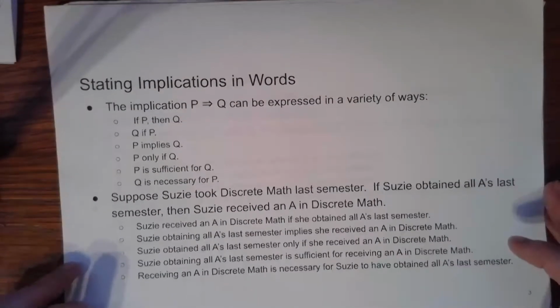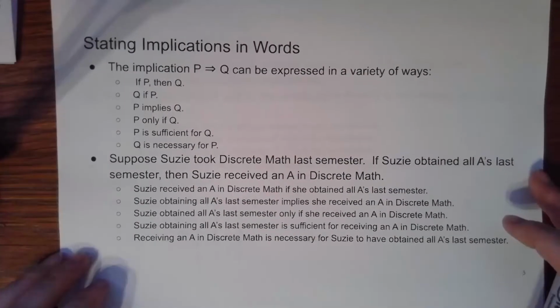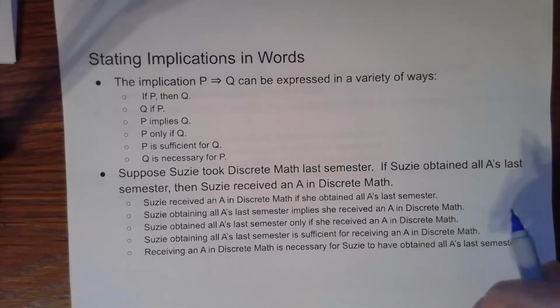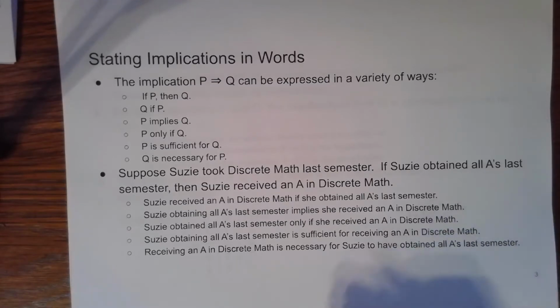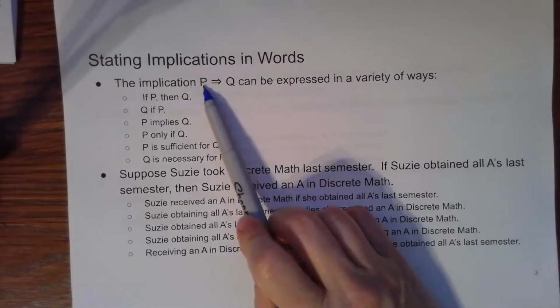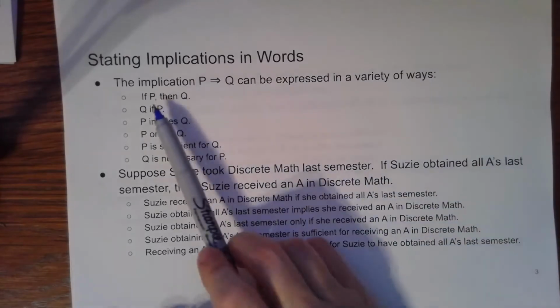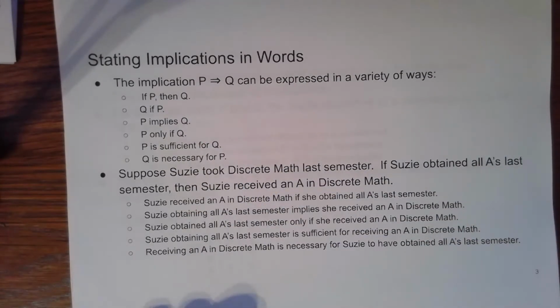Okay, so of course we often have the job of taking things that are written in English words and turning them into a logical statement. There's a variety of ways that these English sentences or English words can show up and translate into the statement P, then Q. The most obvious one is just if P, then Q. That's one way that could get translated.